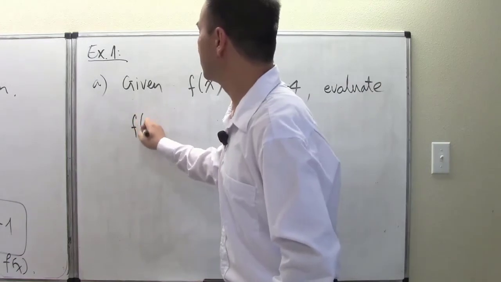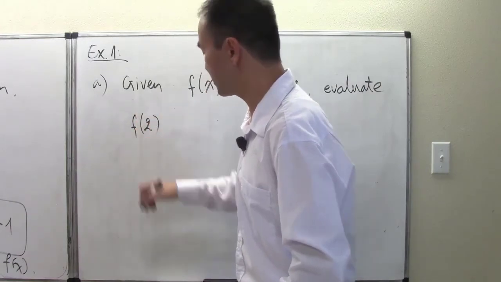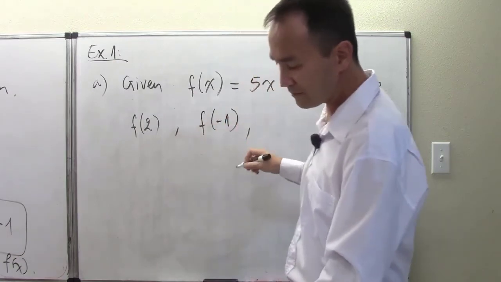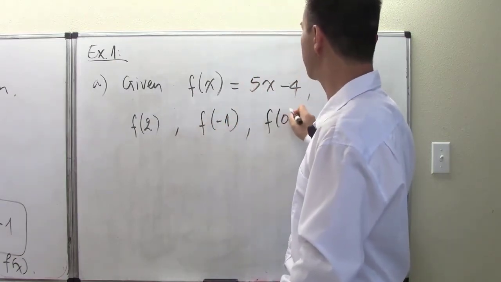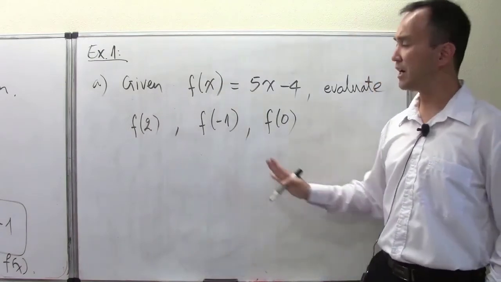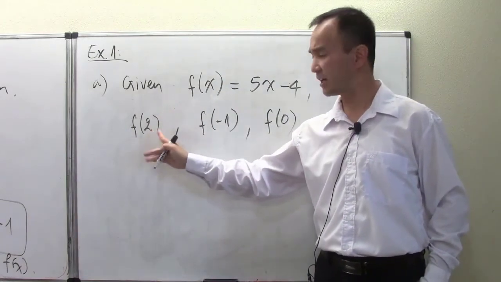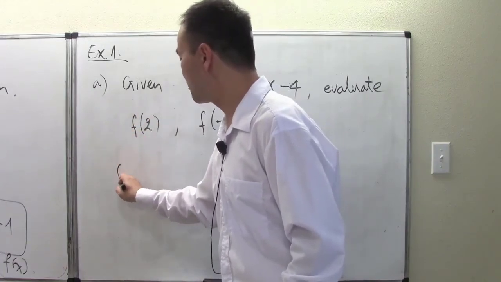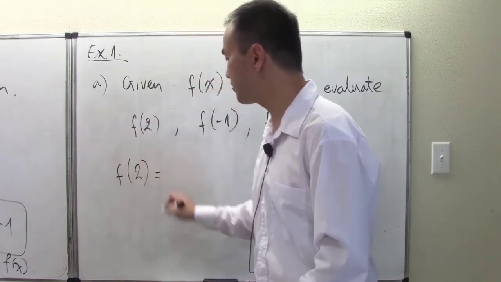Now the goal of this problem, let's evaluate together. All I need to write is f of 2, f of negative 1, f of 0. It's an indication that I want to come out with the outputs. So f of 2, here's how I'm doing it.